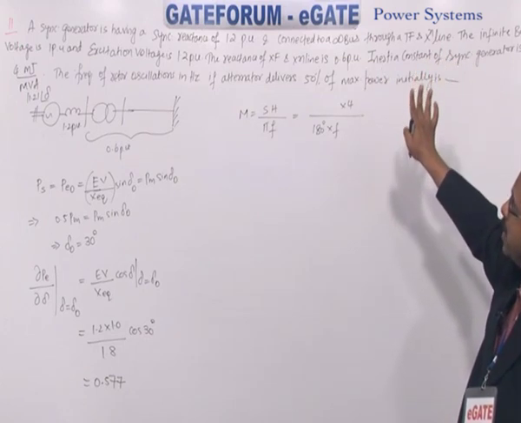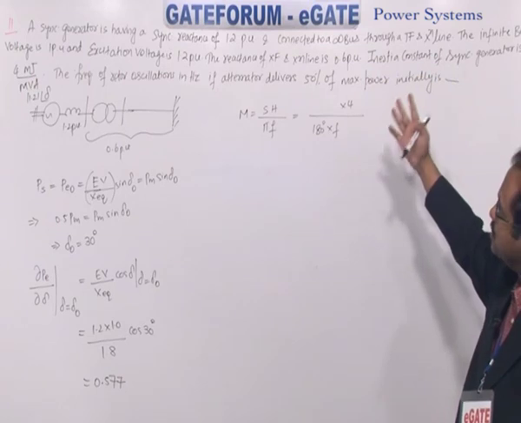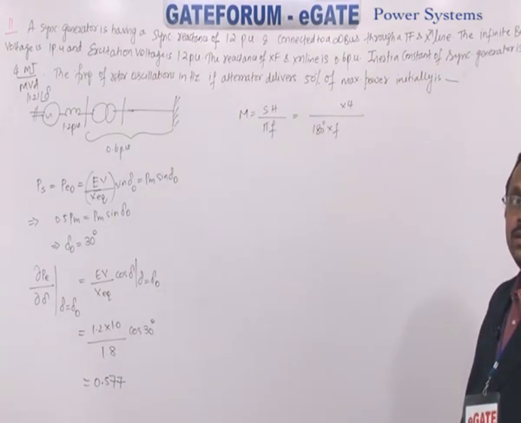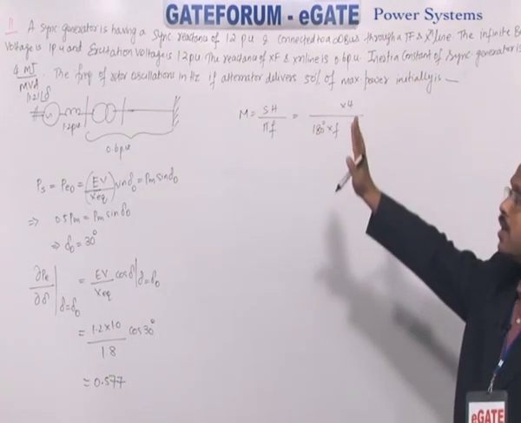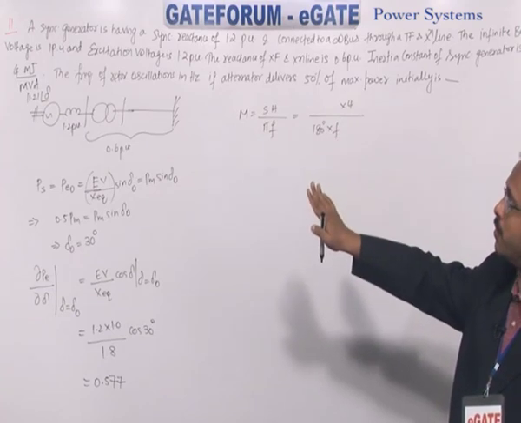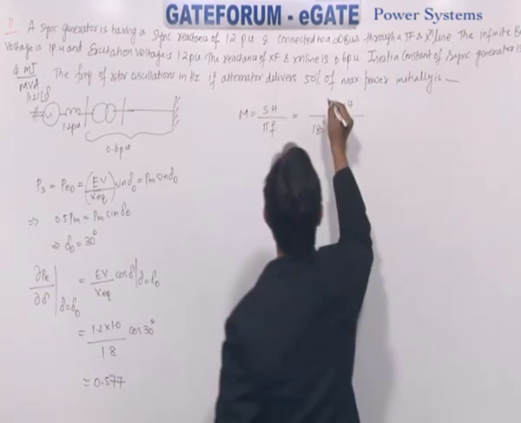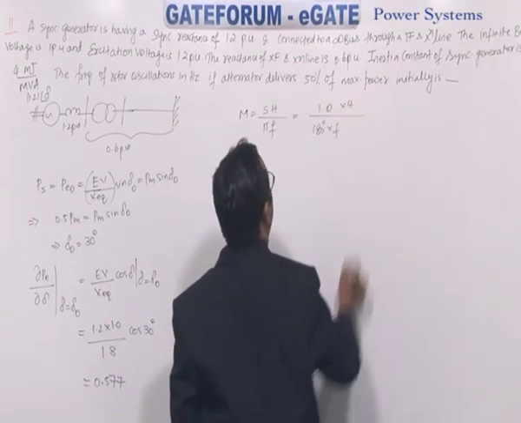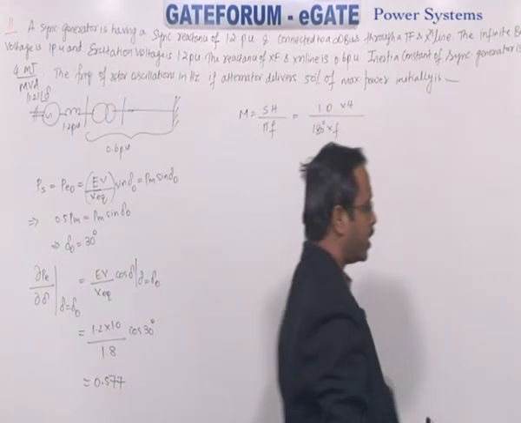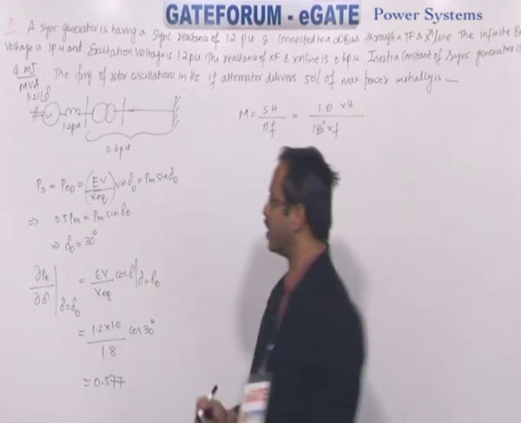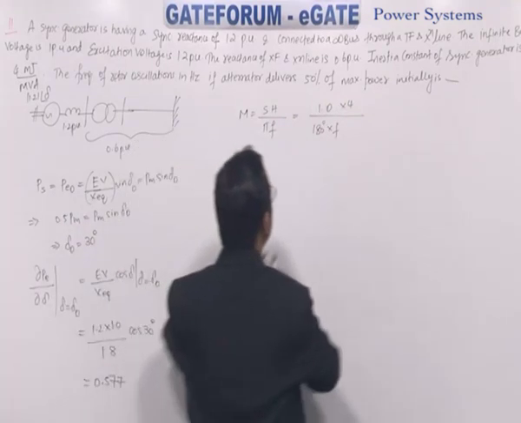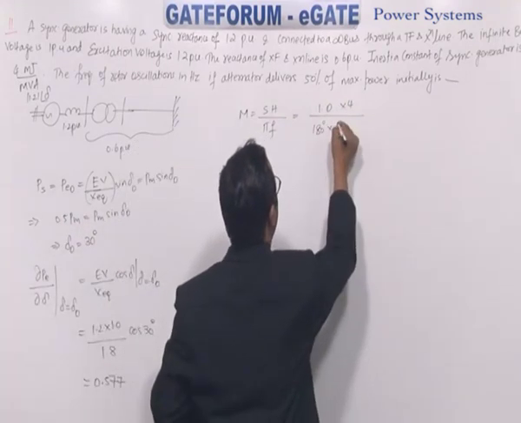Or megawatt rating or power factor are also not given. So you take the alternator rating as the base value. So what will be the corresponding per unit value? Its value is 1. So how much is this F now? 50.